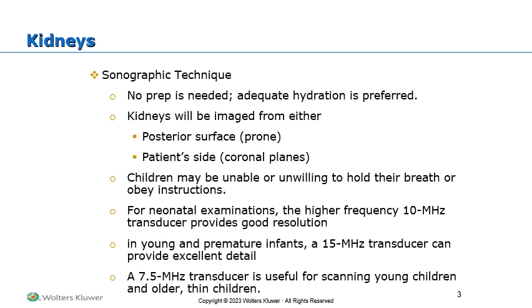Now, if you're having to work around the rib surfaces, those usually aren't as calcified as they are in our adult population, so you can get through those a little bit easier. If you want to go intercostally between the ribs, then you're going to have to utilize one of those smaller transducers, something like a sector, to be able to get into those spaces.